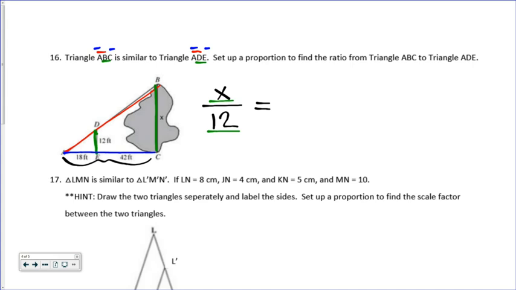So you need to add those two together to tell us what AC is. And 18 plus 42 is 60. So I'm going to do my larger triangle over my smaller triangle. And those ones both come from the blue triangle. And you can check x and 60 are on the same side of our relationship, and 18 and 12 are on the same triangle.